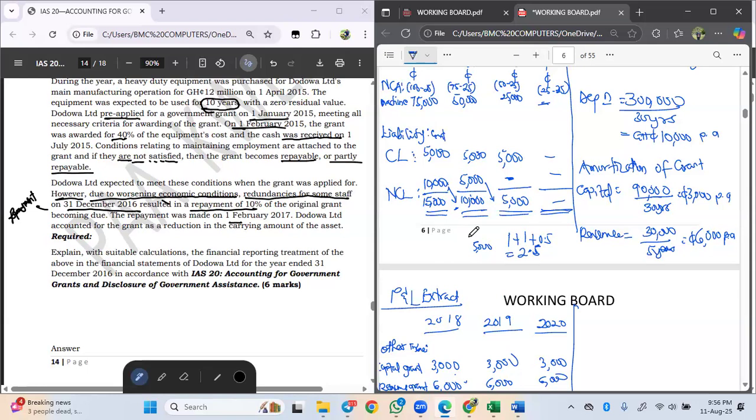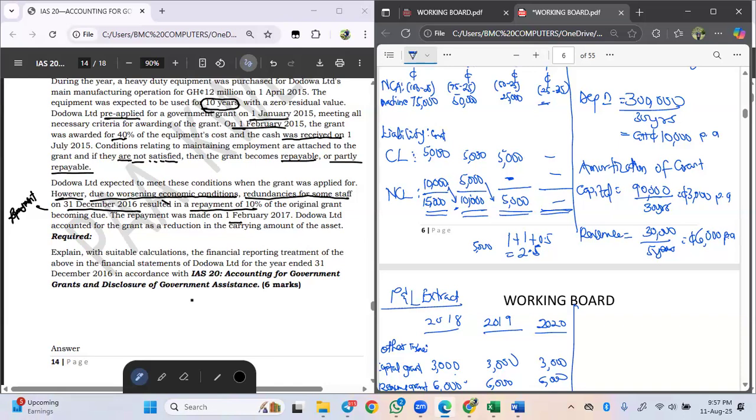The common ones are 22. I think I'll not teach agriculture, IAS 41. There may be hyperinflation, IAS 29, but these ones are not that common. Agriculture was examined last time, and hyperinflation was March 2025.